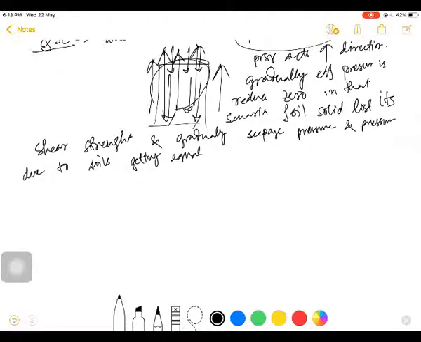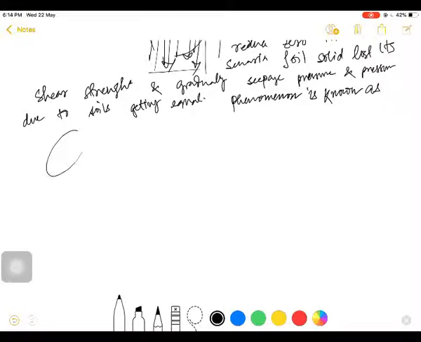Okay, so that phenomenon is known as what? Quicksand condition.